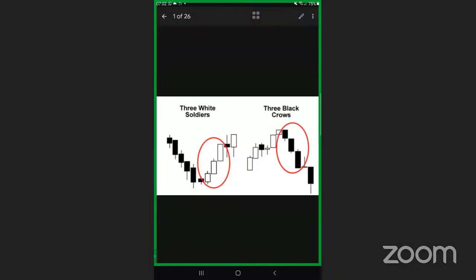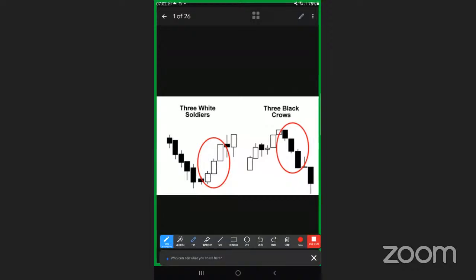These are the 3 white soldiers which are on the left screen. The way it is displayed, the market is trending this way. As you can see, the market is trending from the upside going to the downside.